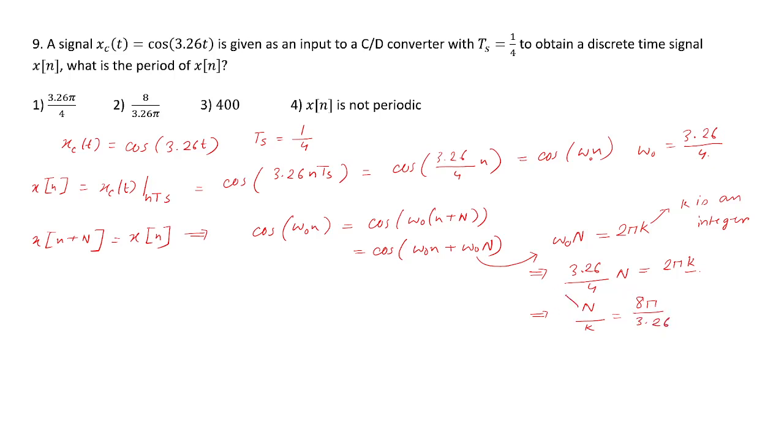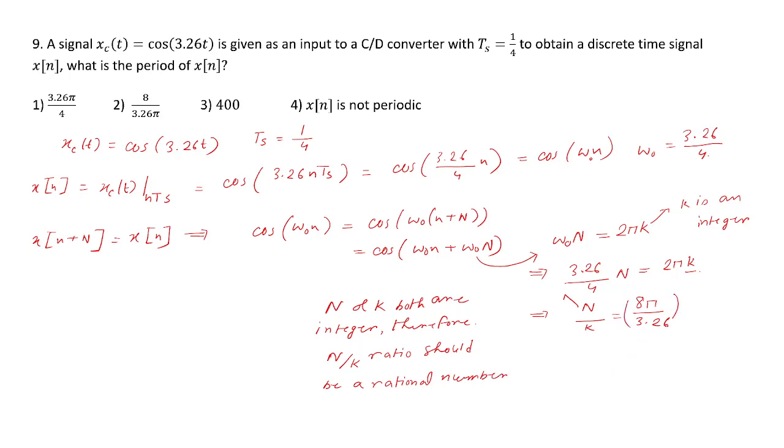Now you see N is an integer, N and k both are integers. Therefore, the N by k ratio should be a rational number.